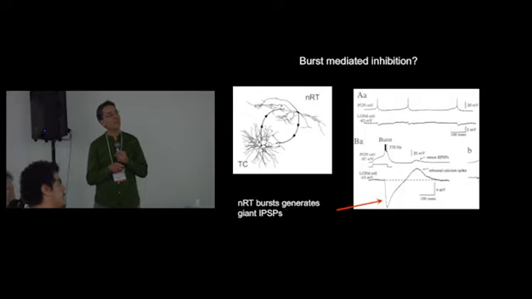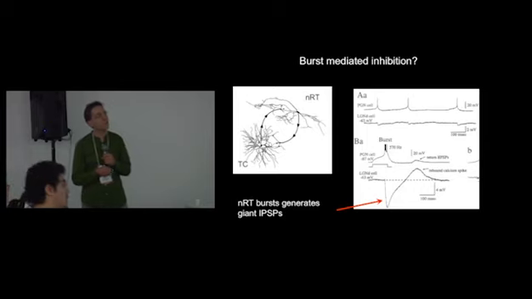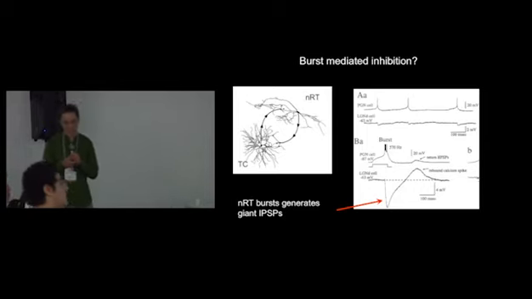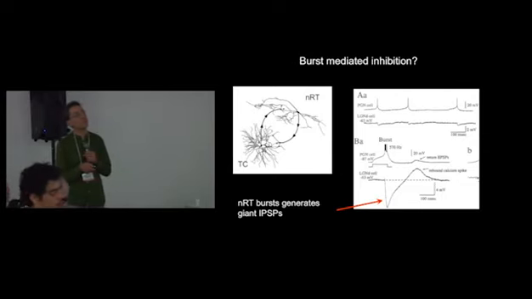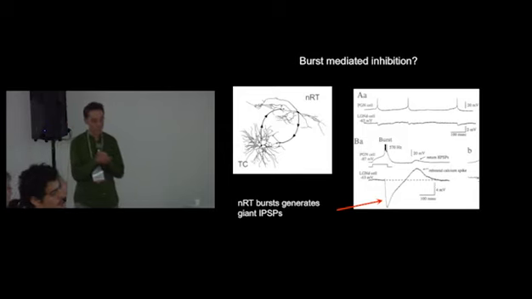However, if they produce a burst, then the amplitude of the IPSP is huge. Of course, many people thought before that this is basically because the individual action potentials add up, and that's why you have a much larger IPSP burst.